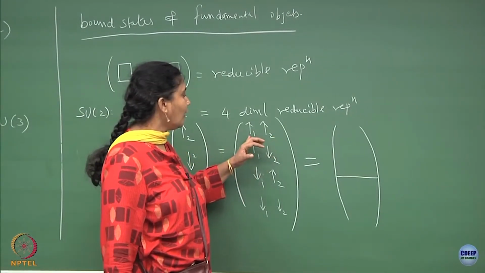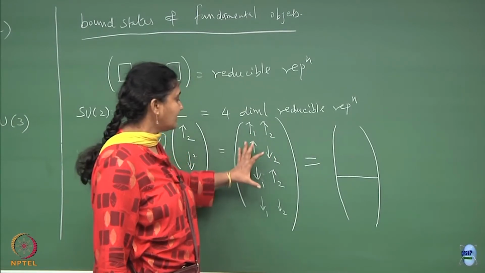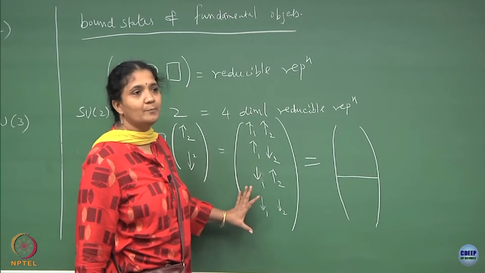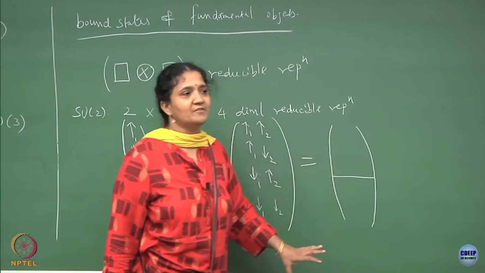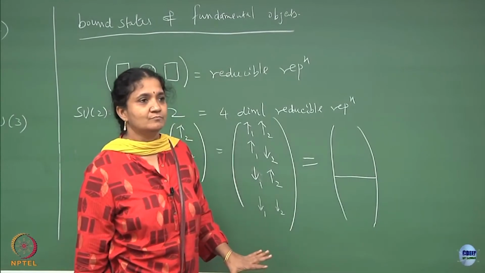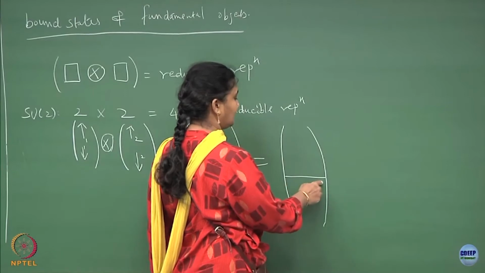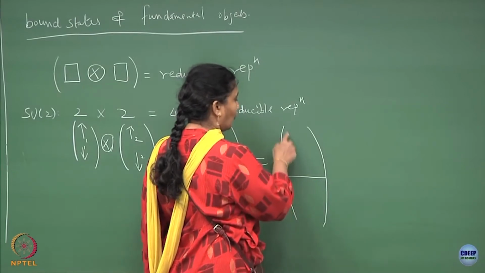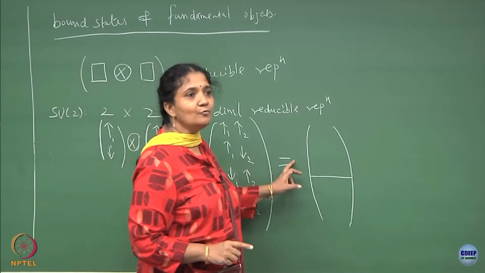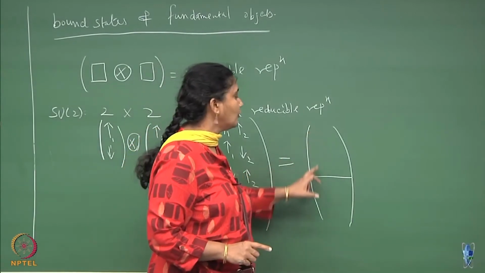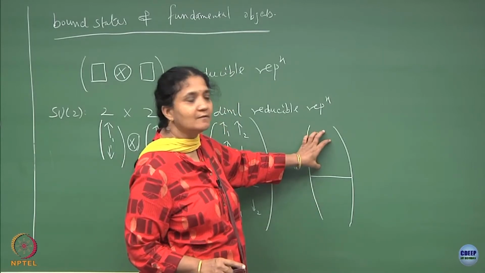Now, you have to find a projector such that this reducible representation becomes the irreducible representations of SU2. The irreducible representations should be such that whatever ladder operators you apply, the generators of SU2 should not take you out of this piece. That is what is meant by an irreducible representation.